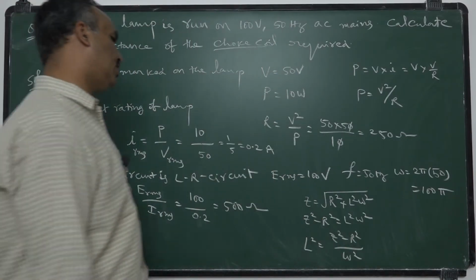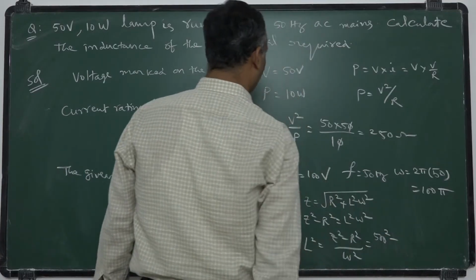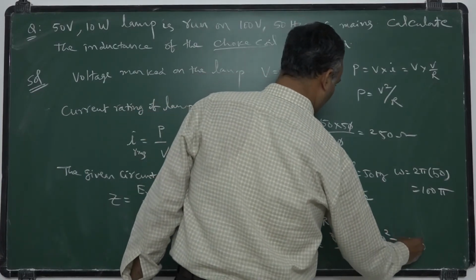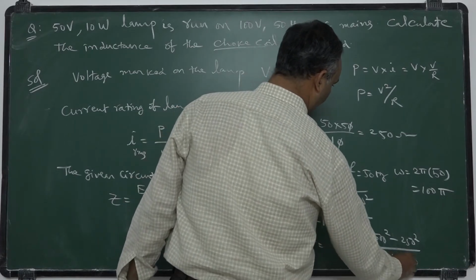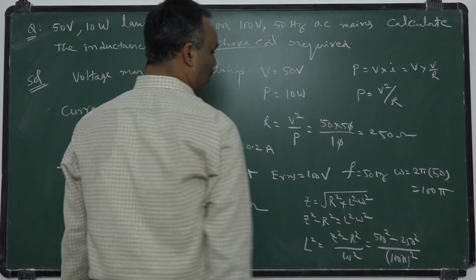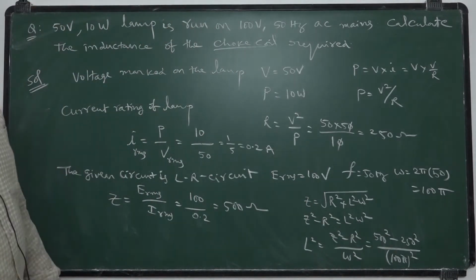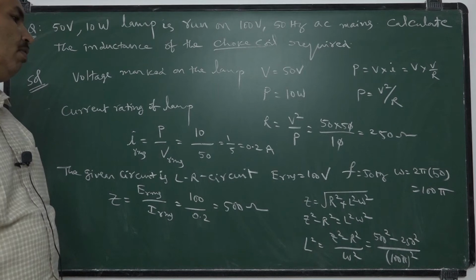Z square means 500 square minus R square means 250 square by omega square means 100 pi whole square. So pi square can be approximated as 10. So the denominator may have a value 10 power 5.